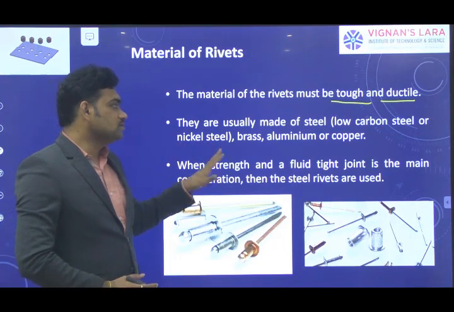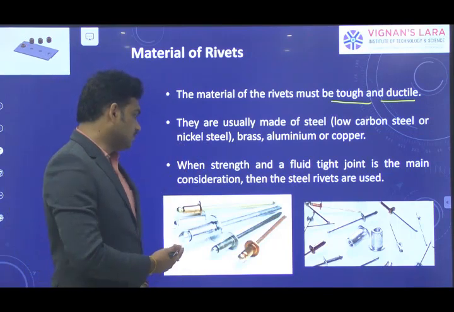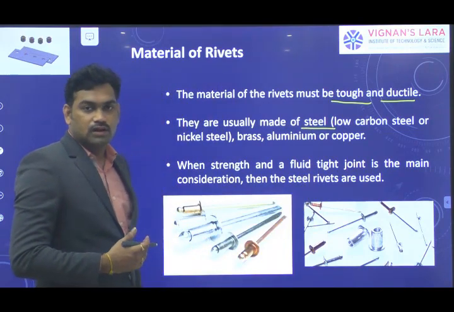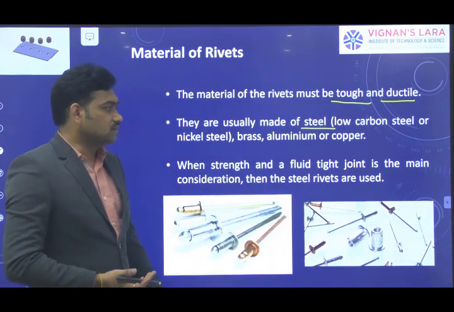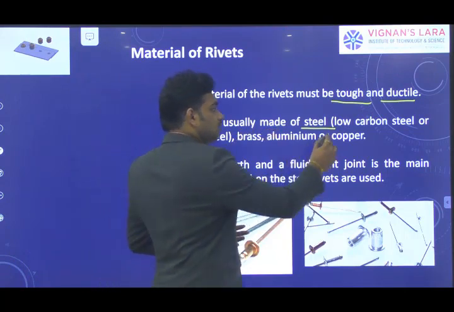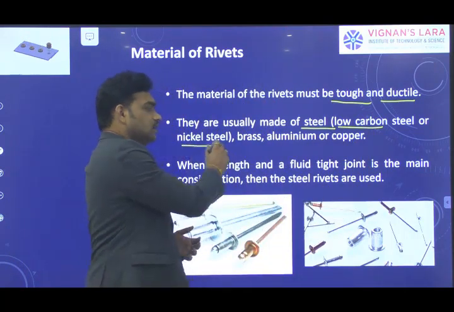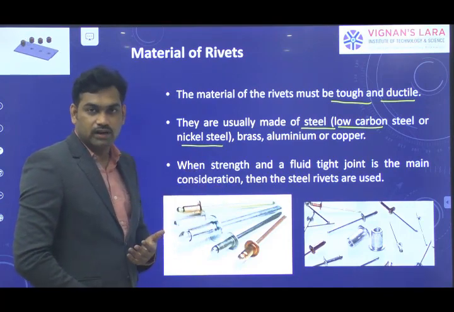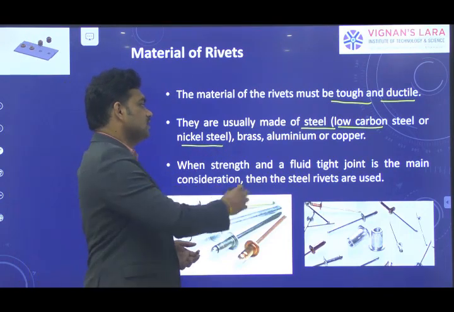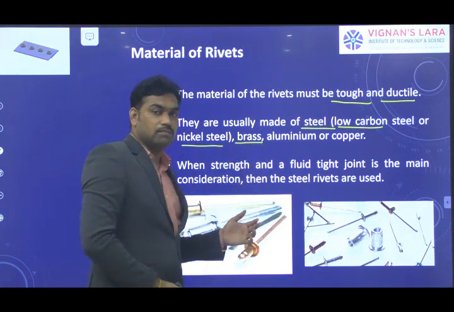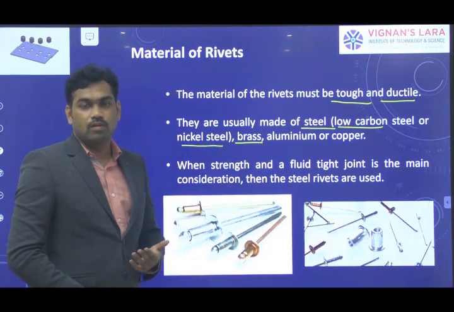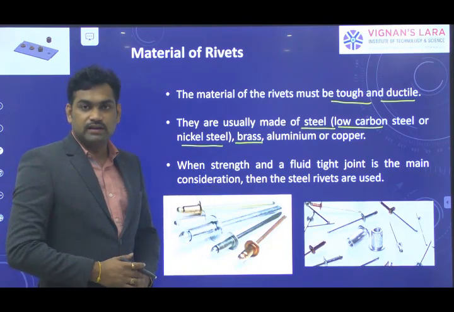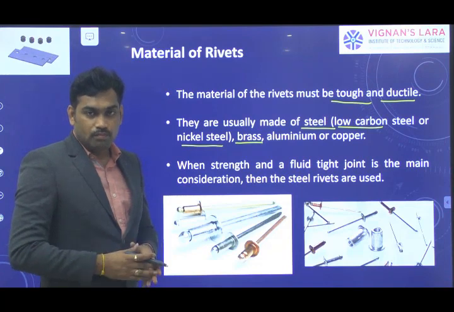The generally used material for rivets is steel. But we cannot use all steels. We can use low carbon steel, and nickel steels for specific applications. Alloy steel can also be used to avoid wear. For non-ferrous rivets we can go with brass, aluminium or copper. These are the general materials we can use.